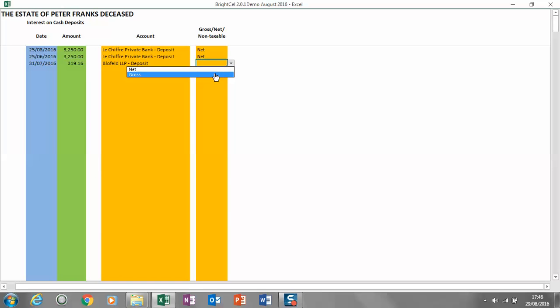Client deposit account, interest, gross. So that's how you would record income.